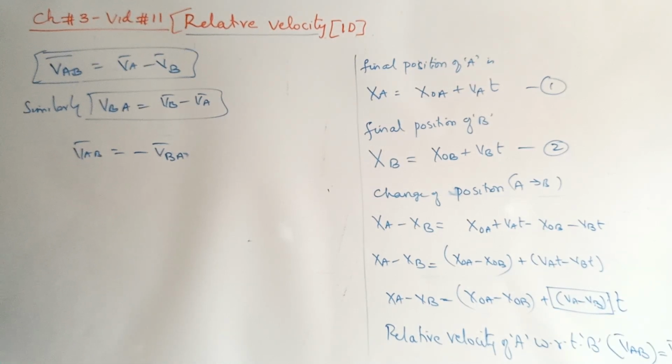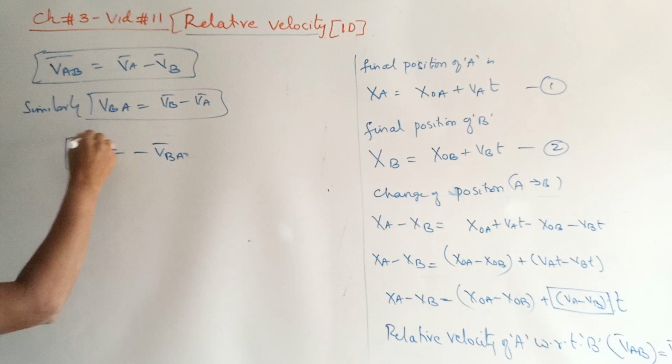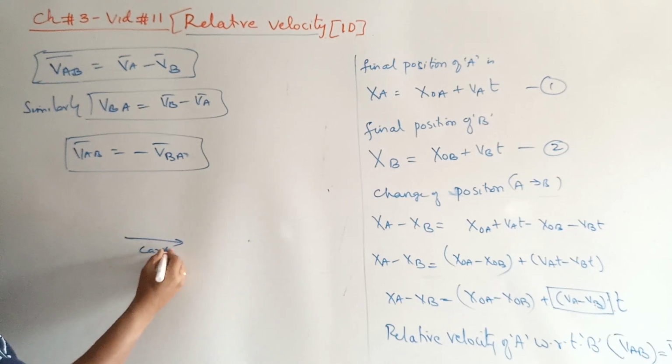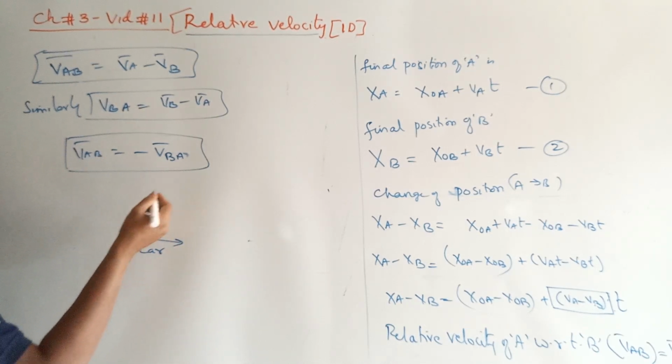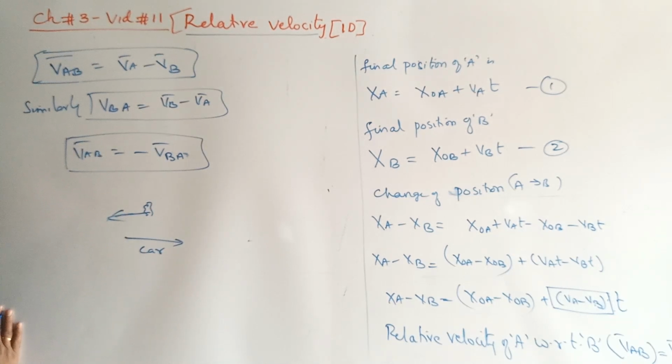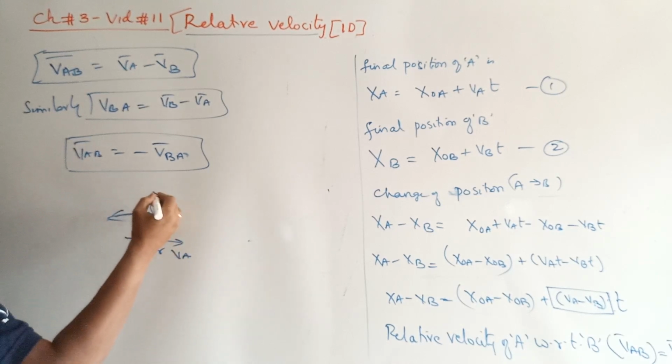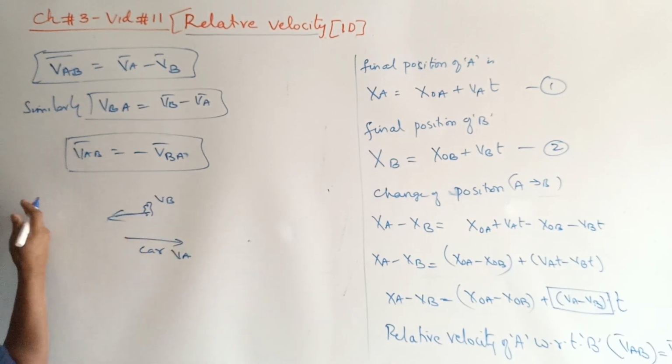Both are traveling in opposite directions. Just now you have seen this. If you are traveling in a car in this direction, any other person outside will find you traveling in the opposite direction. If you have velocity VA like this, the other person will find you going in the opposite direction.